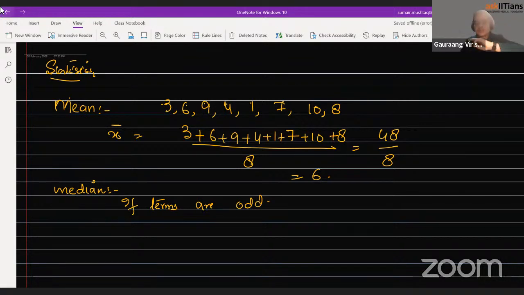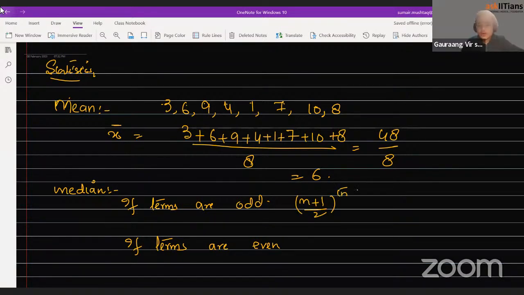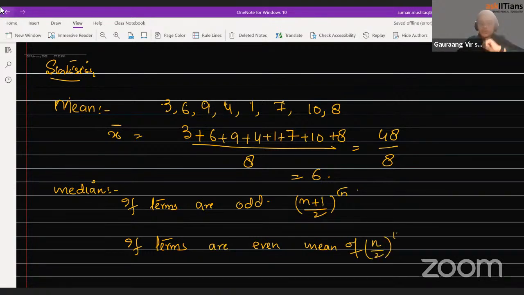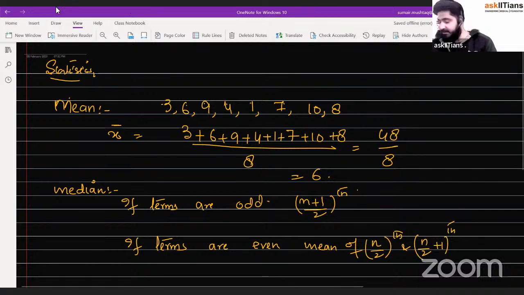If it is an odd number of terms, the median is the (n plus 1) by 2th term. If it is even, then it is the mean of the n by 2th term and the (n by 2 plus 1)th term. It will be the mean of these two terms, right?